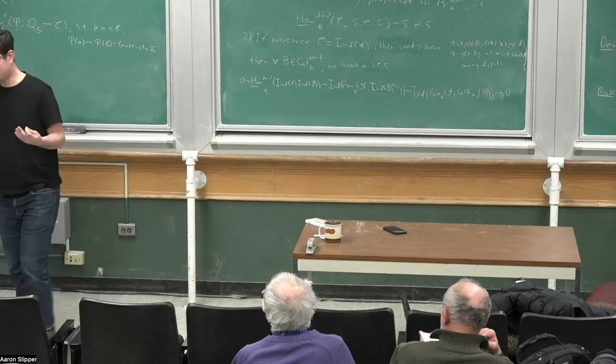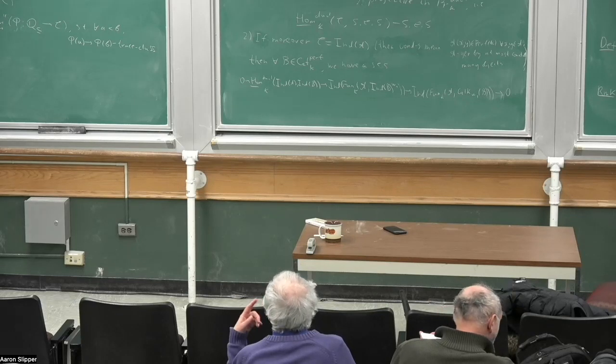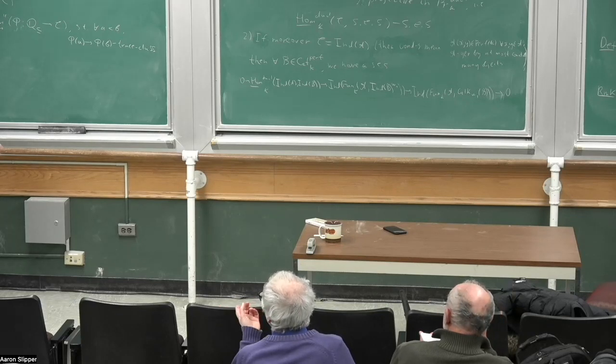It's kind of a two-sided ideal. And then you can consider Q and strict. Then you just consider morphisms.